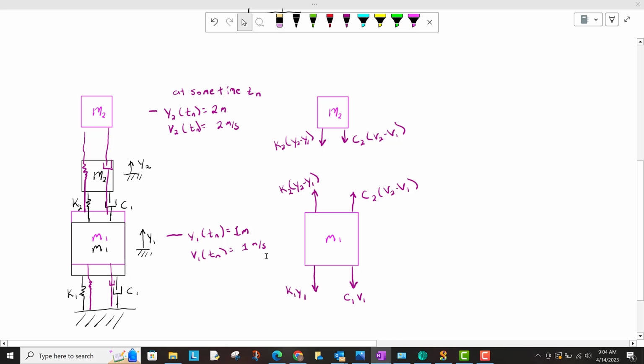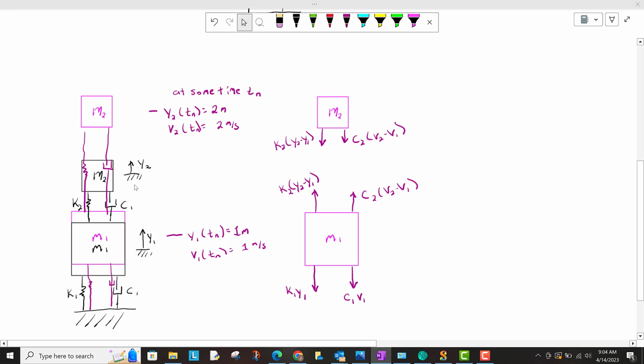Checking the semi-arbitrary condition, plugging 1 meter per second in for the velocity, we get a positive number. The vector's indicating it's acting down, so that works out okay. If the velocity should become negative, of course our vector's drawn down, so we would need to get a negative value here, and that would be the case.